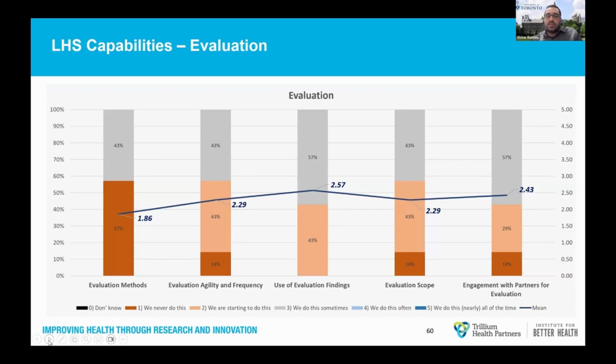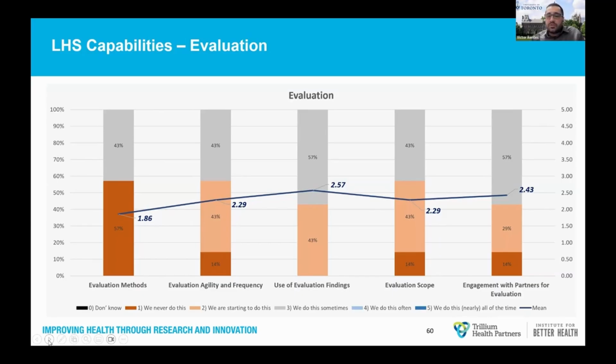We asked about evaluation agility and frequency. That received a 2.29. So evaluation methods, there's just a significant opportunity there. It scored the lowest, so that's something we might want to look into for this sample size.